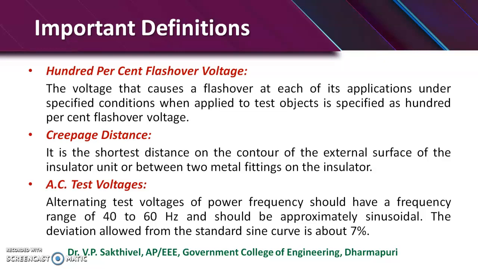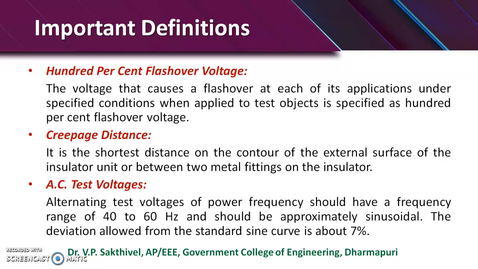The next one is creepage distance. Creepage distance is the shortest distance on the contour of the external surface of the insulator unit between the two metal fittings on the insulator. That is, the creepage distance is the minimum distance between the two metal fittings on the insulator.